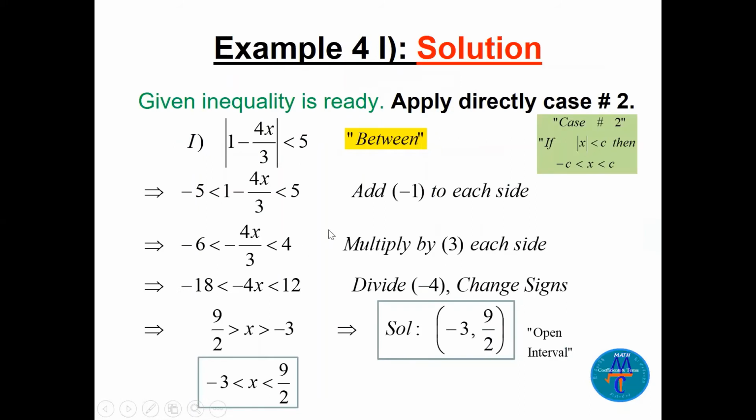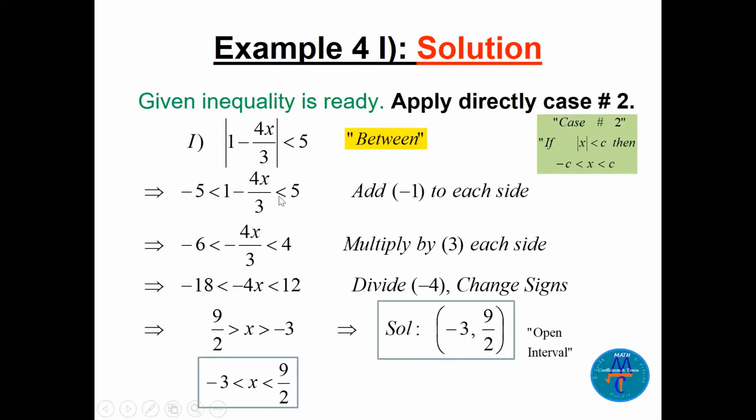Now, number 1. This is the inequality given. See, look at case 2. If the absolute value of x is less than c, that's 5 is the c. And the x here in the formula can be an expression, so 1 minus 4x over 3. Then x is between minus c and c. So now we have 1 minus 4x over 3 between minus 5 and 5.